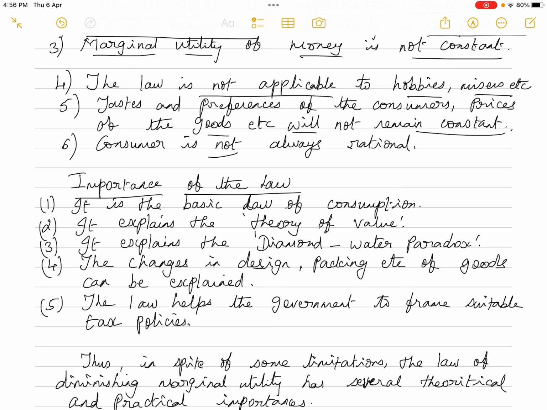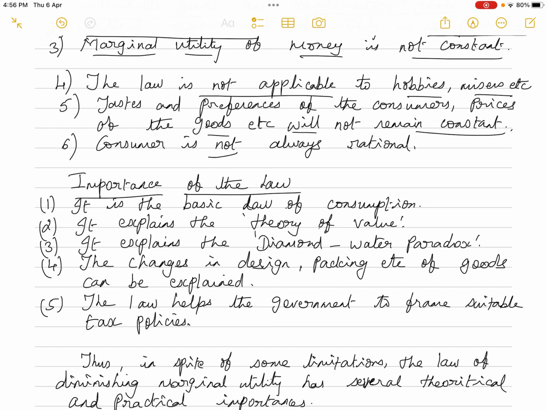And the sixth limitation is the consumer is not always rational. So this is also assumed, that the consumer always acts rationally. Now what is the meaning of a rational consumer? A rational consumer is the one who wants to attain maximum satisfaction at all times. And the second thing is the consumer is having proper knowledge, he is able to calculate the satisfaction.